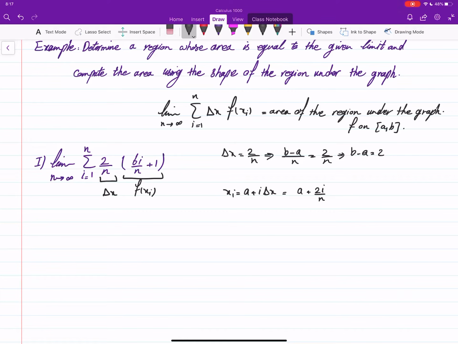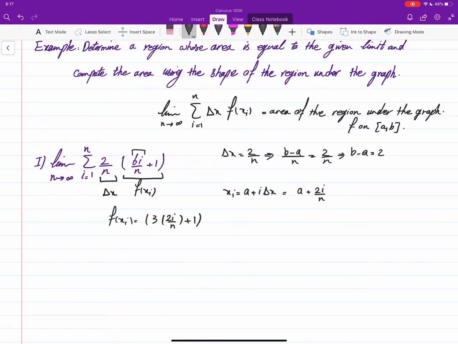But what we notice is this is not 2i over n, this is 6i over n. What does that mean? That means that probably there's a number 3 multiplied there. So f of xi is 3 times 2i over n plus 1.